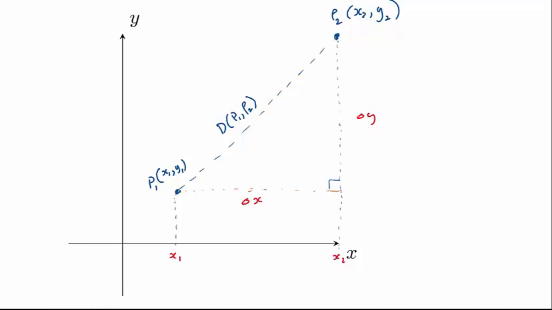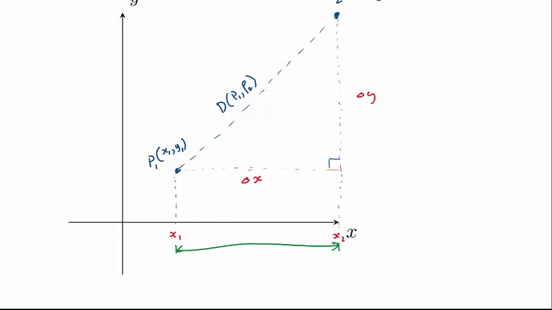So we want to know what this distance is right here. To find this distance, all we do is take the distance from the origin all the way out to there, and subtract out this distance here, which is x1.